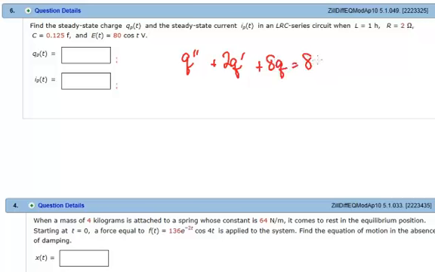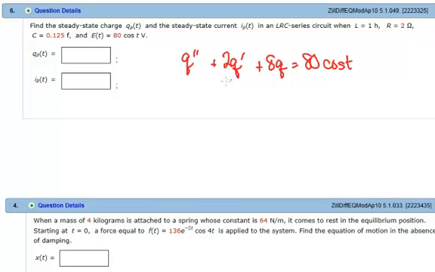equals 80 cosine t. So really, I sort of want to look at the homogeneous or the characteristic, complementary solution, just to make sure that cosine t isn't part of it.